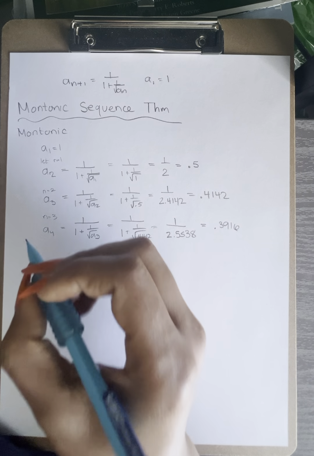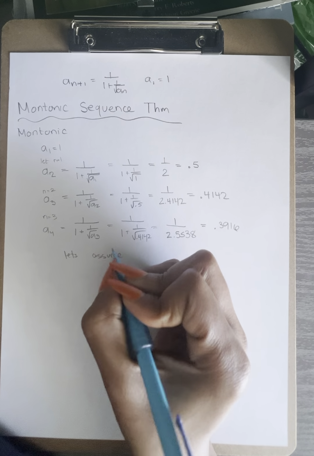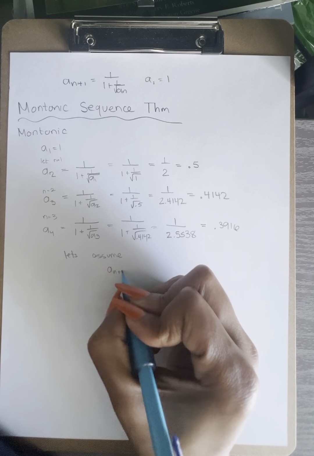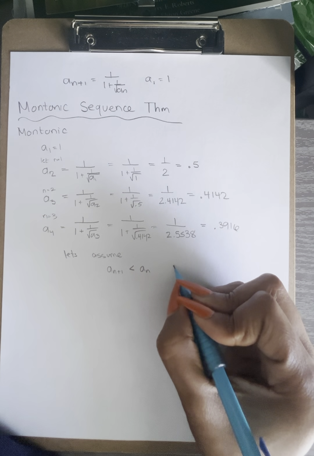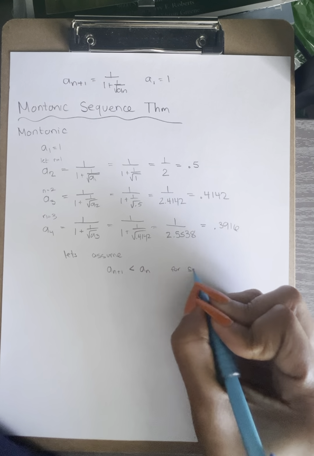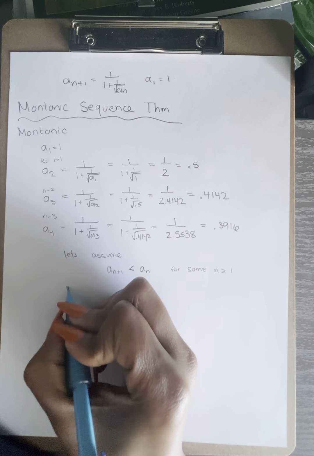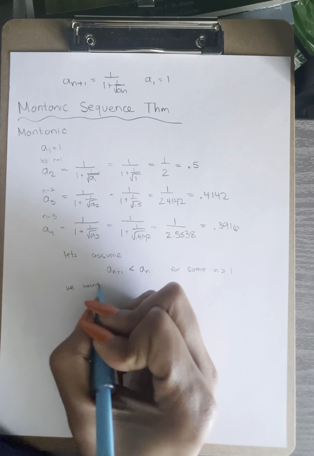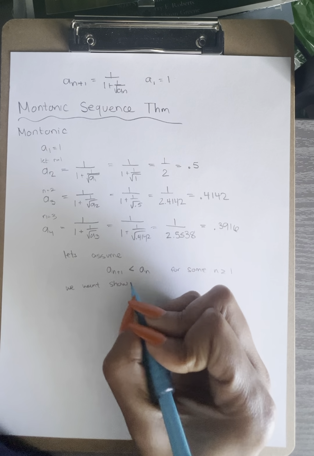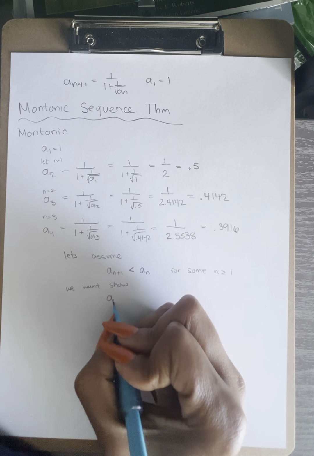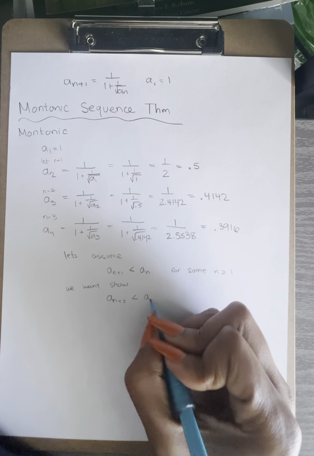So what I can say, or let's assume, is that my next term, a sub n plus 1, will be less than my original a sub n for some n greater than 1. I want to show, though, that this works for every following term. So a sub n plus 2 will be less than its previous term, a sub n plus 1.